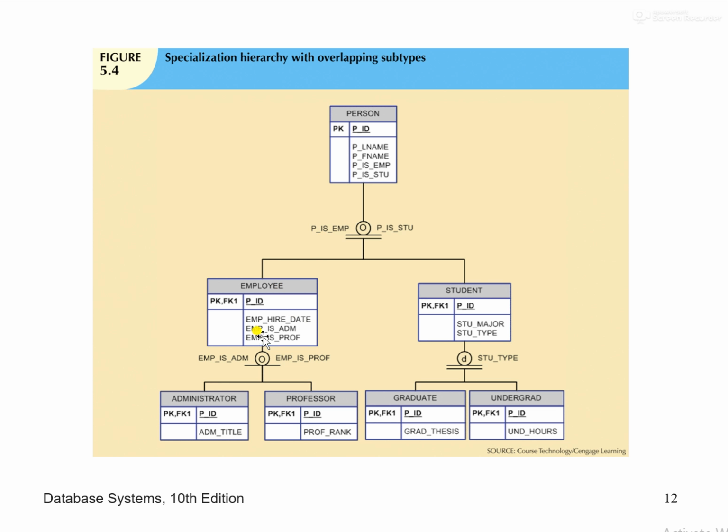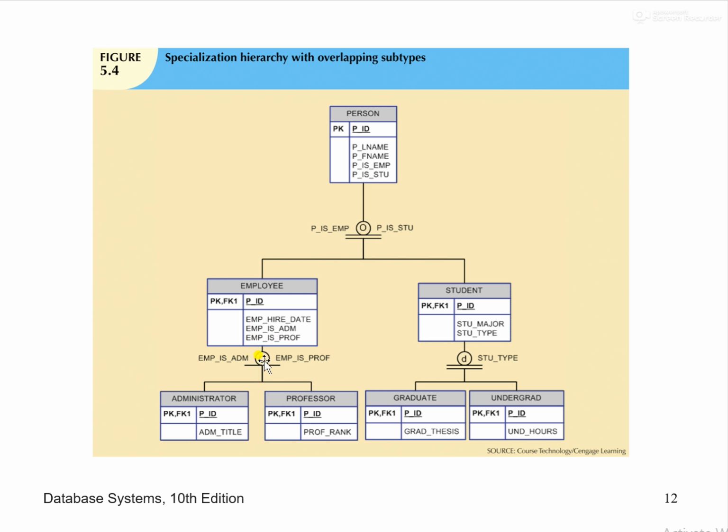So a person can be an employee and student both at the same time. A person is an employee as well as a student. So in that case they have this overlapping constraint or overlapping subtype. Okay, now again here for employee, employee is an administrator or employee is a professor.